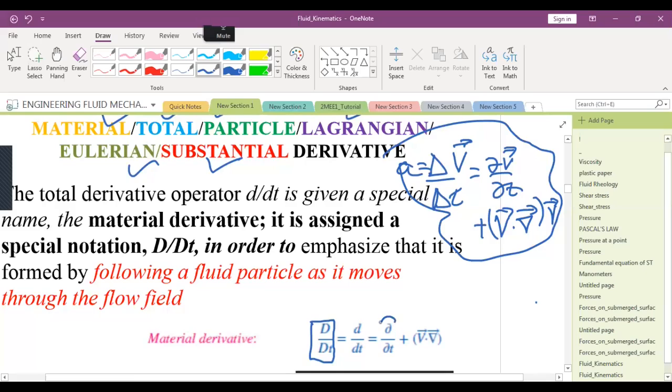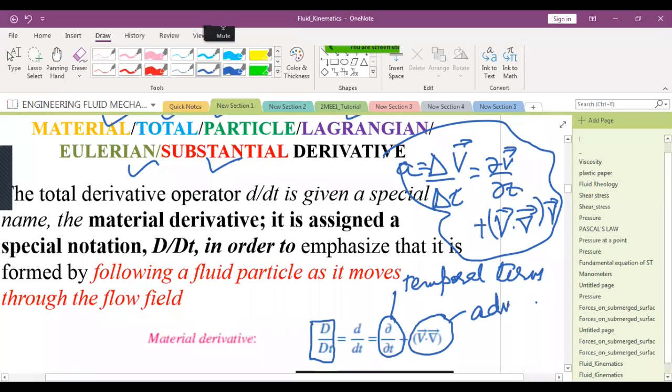This term is called the temporal term, and this term is called the advection or convection term.